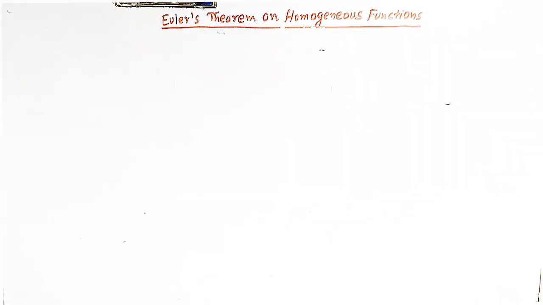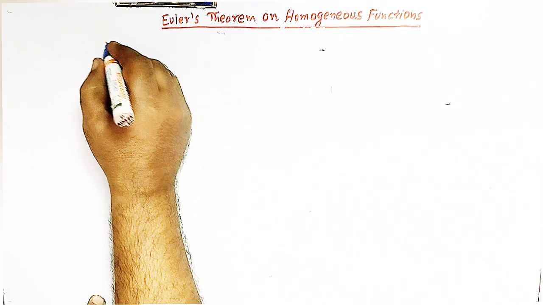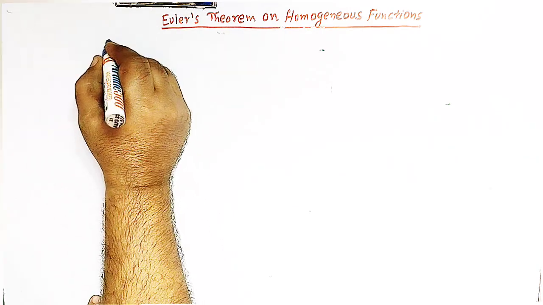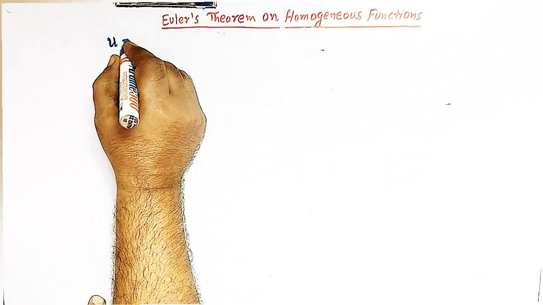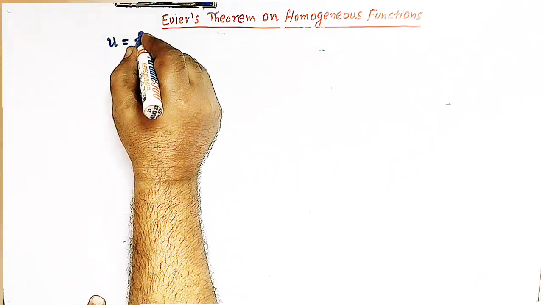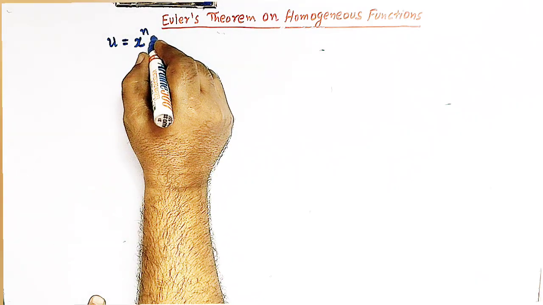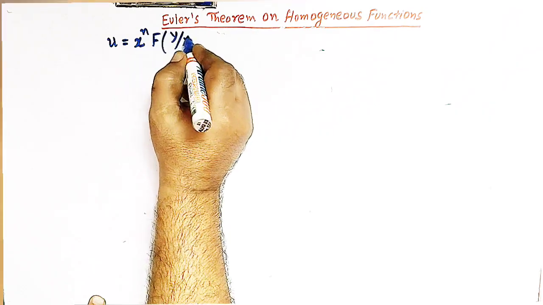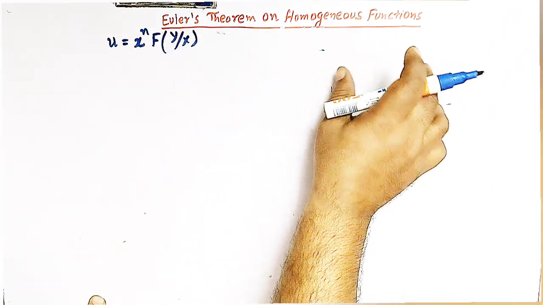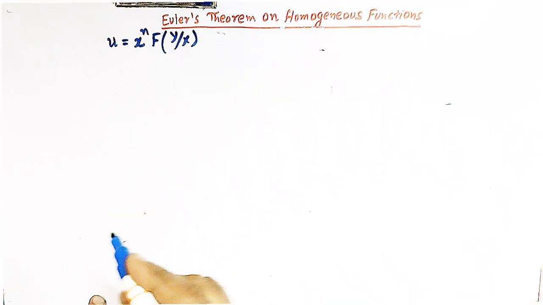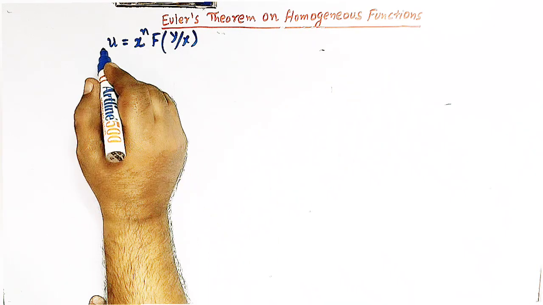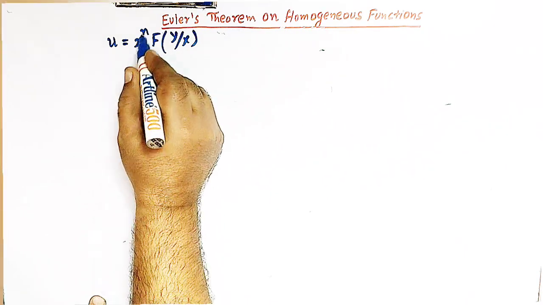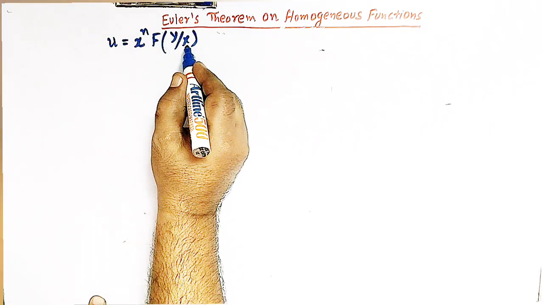Now let us consider the statement of Euler's theorem on homogeneous functions of two variables. Suppose we have a homogeneous function u, which is expressed as x raised to n, and here we have a function f of y over x, which we have just discussed with the help of the previous examples, and here u is x raised to n f of y over x.